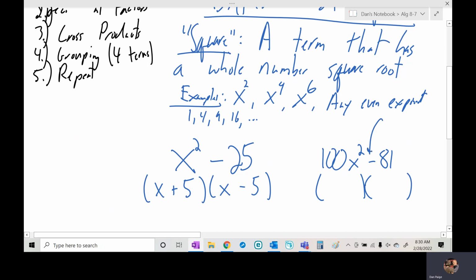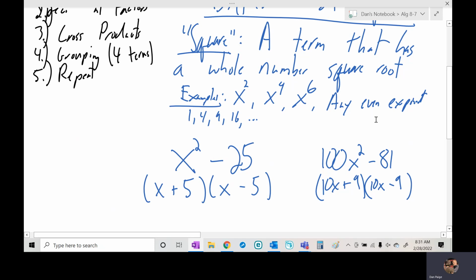Is it a subtraction? That's a difference of squares. So the square root of 100x squared: no, not 50x, 10x. It's a common mistake, right? Because you're thinking of the exponents. 10x and 10x, plus and minus. Square root of 81, 9. That's it. Factored out, done.